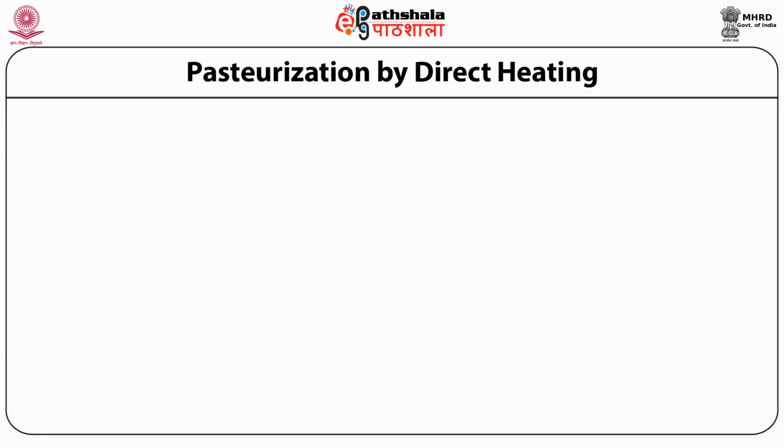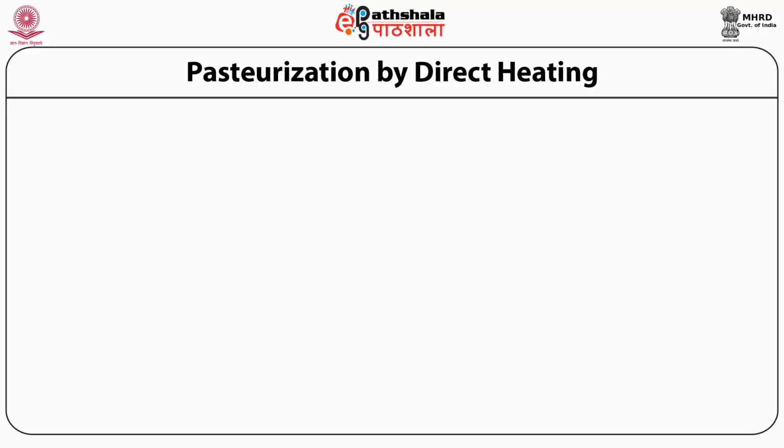The main variables which govern the selection of heating technique are type of food, viscosity of the product, pH of the product, particle size in the product, type of equipment to be used and method to be used. Now, we will learn about agents of pasteurization in detail.